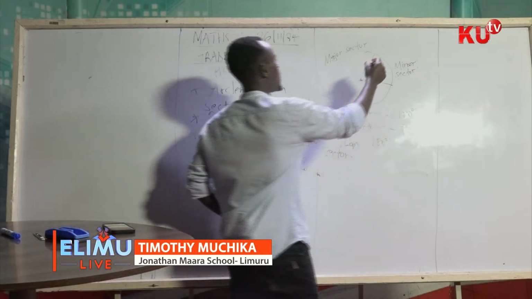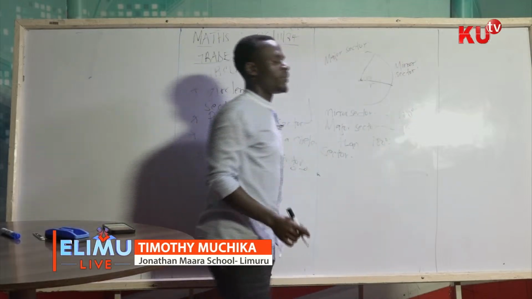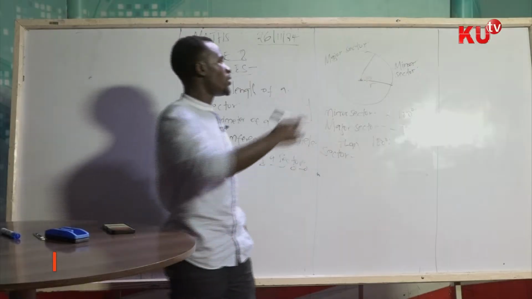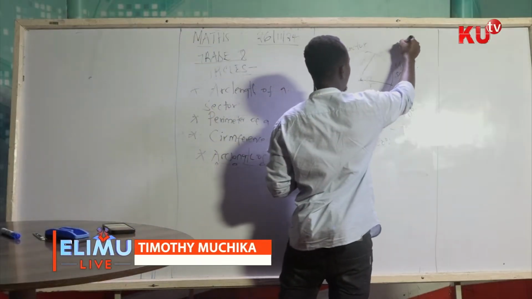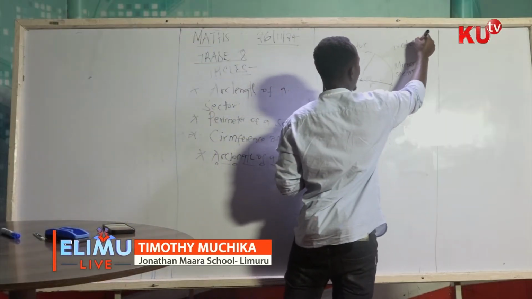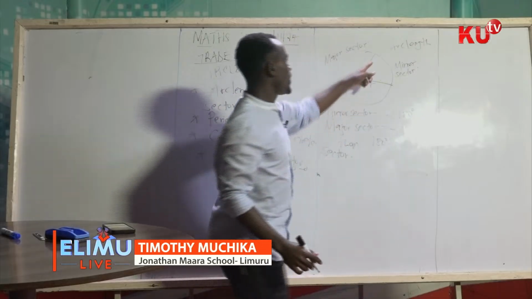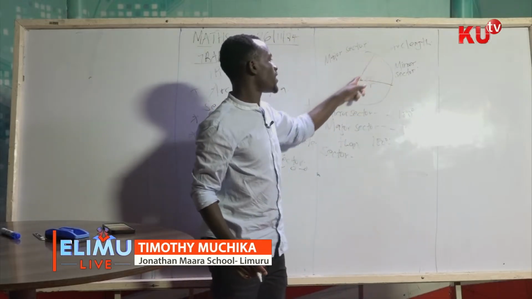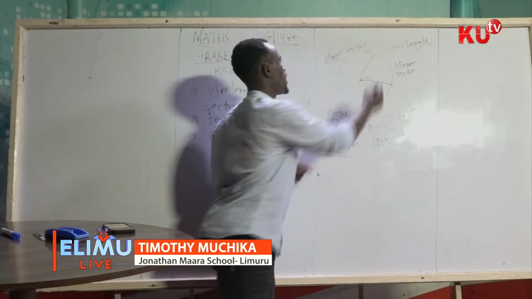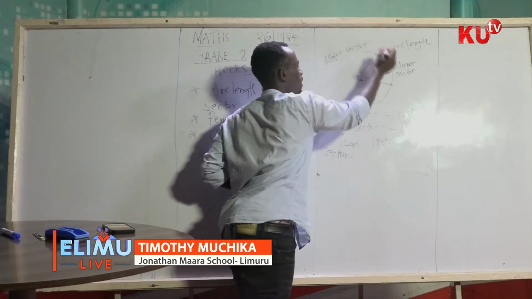Number three, a sector is also formed by what we call an arc length. This is simply the curved part of a sector. For example, from here to here.